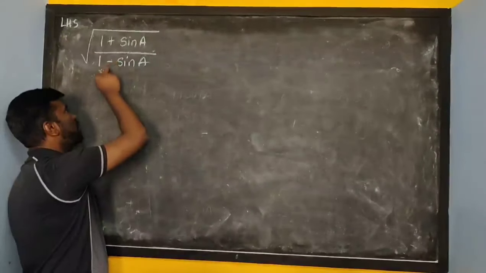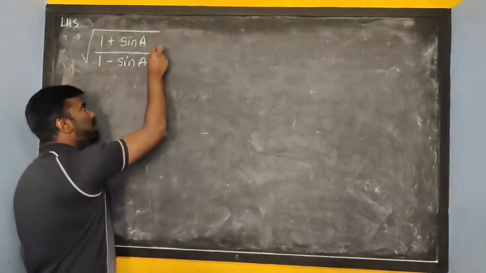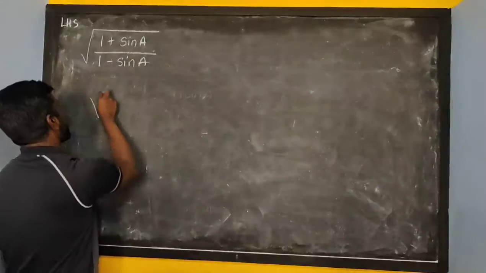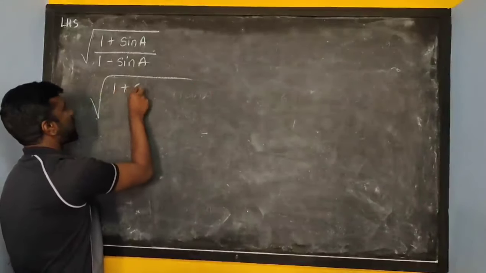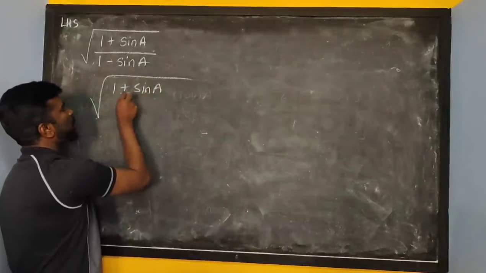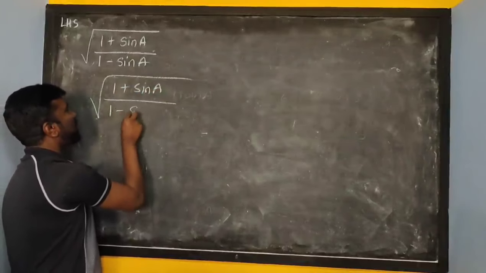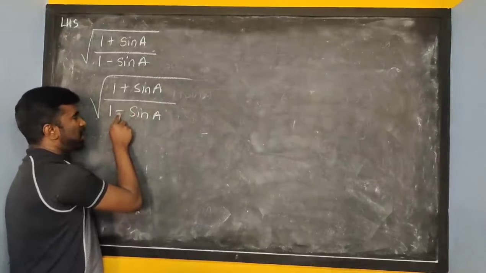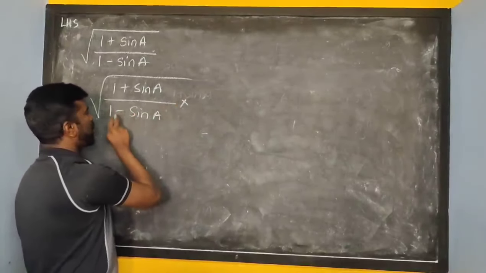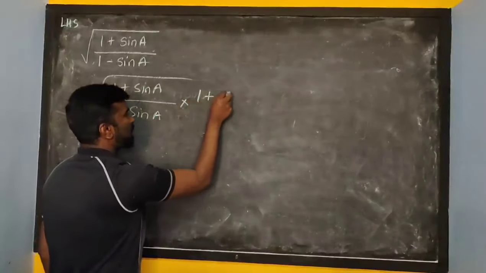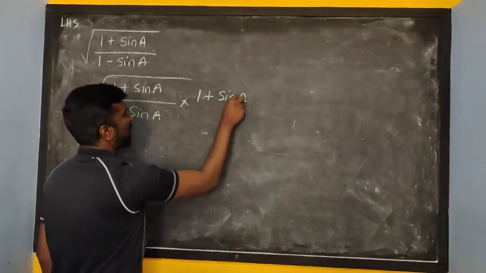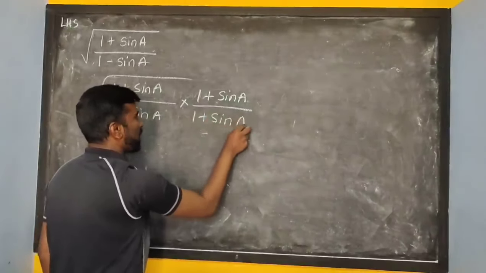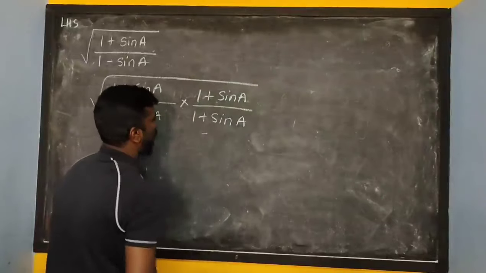Change the sign, that is, it becomes 1 plus sin A. Multiply and divide by 1 plus sin A. Replay, what should you do? Change the sign and multiply and divide it. 1 minus sin A, change the sign, it becomes 1 plus sin A, multiply and divide the same. That is 1 plus sin A divided by 1 plus sin A.